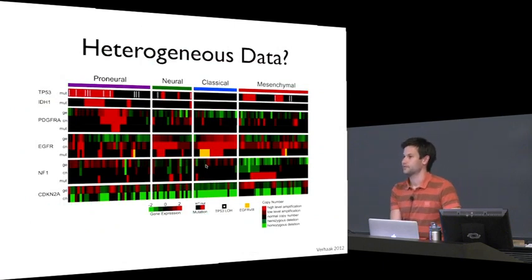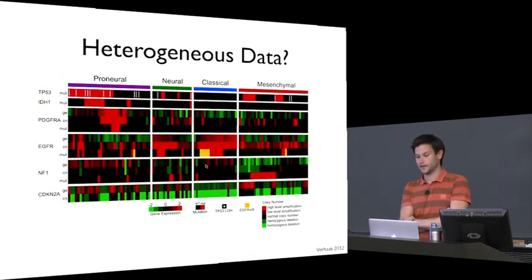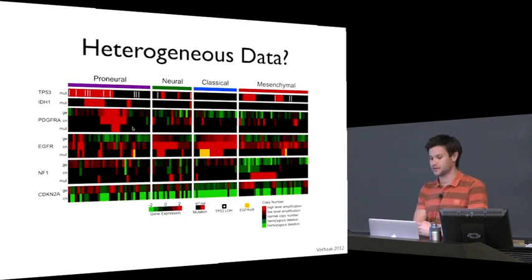Okay, what to do if we have heterogeneous data? This is an example from a paper where you have different groups of patients. Here it's cancer subtypes, and we have four different groups of patients. But the important thing is that the rows have a different meaning.